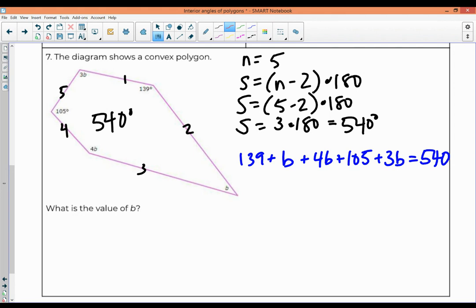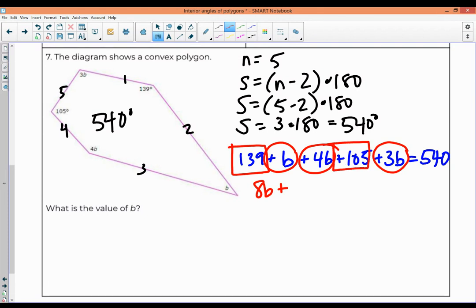So I can combine like terms. So my b terms, b plus 4b plus 3b, that's 8b. 139 plus 105 is 244.